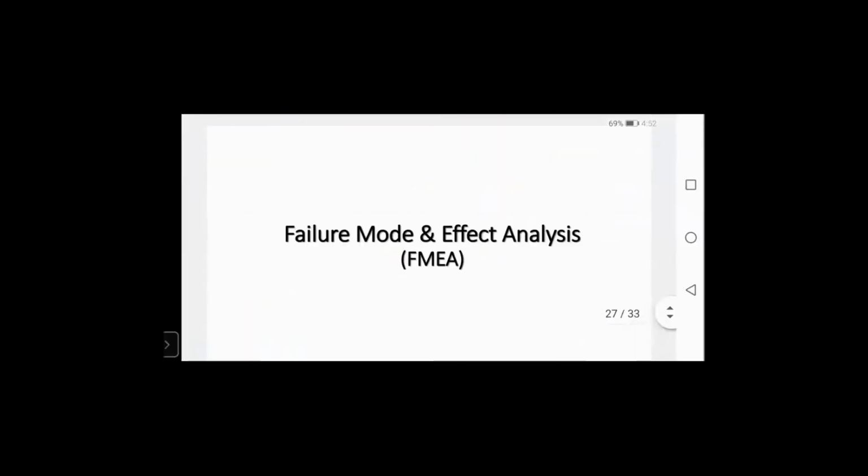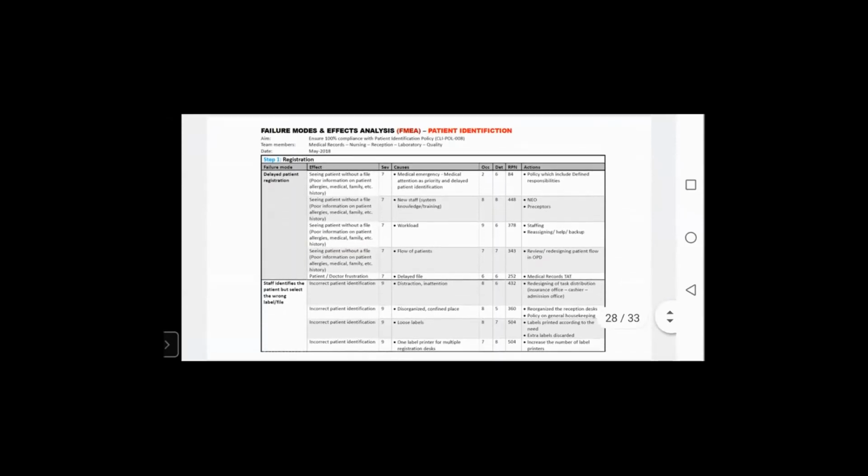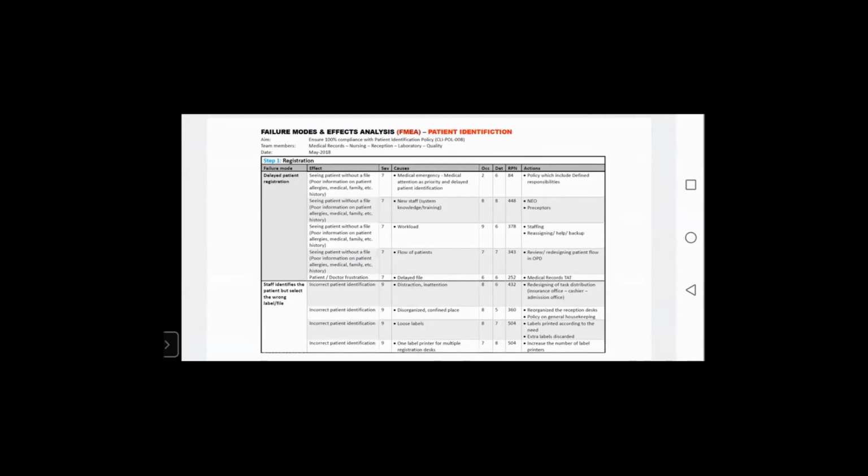The FMEA, the failure mode and effect analysis? Yes. Okay. The first step was the registration: delayed patient registration, seeing the patient without a file because there is an emergency and the doctor did not want to wait for the file, or new staff who are very slow to open the file, or the workload, the flow of patients is very high, or there is delay in bringing the files.